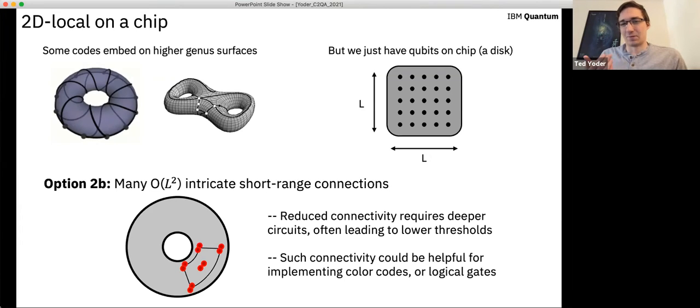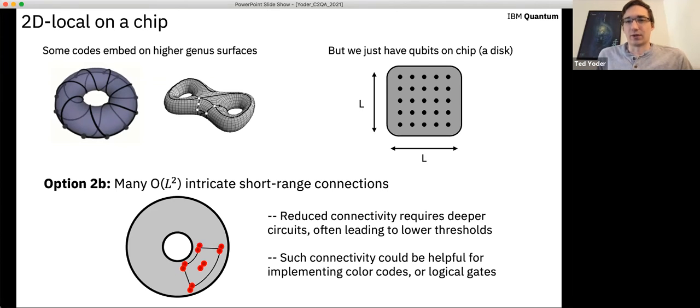And then, again, you end up with the situation where you need some intricate short-range connections. Again, you can possibly reduce the connectivity, which leads to deeper circuits and lower thresholds. And again, there's some advantage for implementing this connectivity beyond implementing the codes that I'm talking about here. Like perhaps you can improve your implementation of color codes or even logical gates on the codes if you're able to implement these short-range intricate connections.